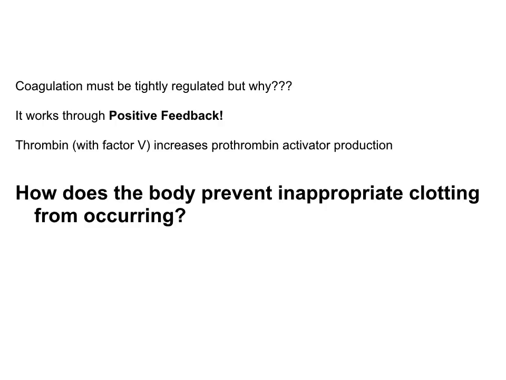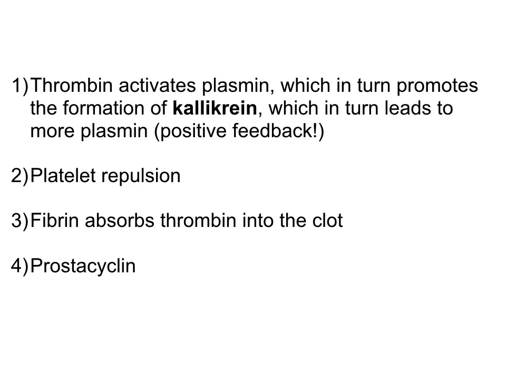So how does your body prevent inappropriate clotting from occurring? Well, don't forget what we talked about with fibrinolysis. Thrombin activates plasmin. Plasmin is the enzyme that can actually dissolve clots. So if your clot is attempting to grow into healthy areas, you can actually have plasmin present to help eat the inappropriate growth of that clot.